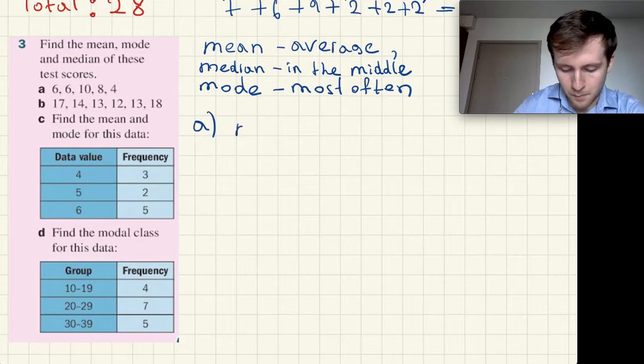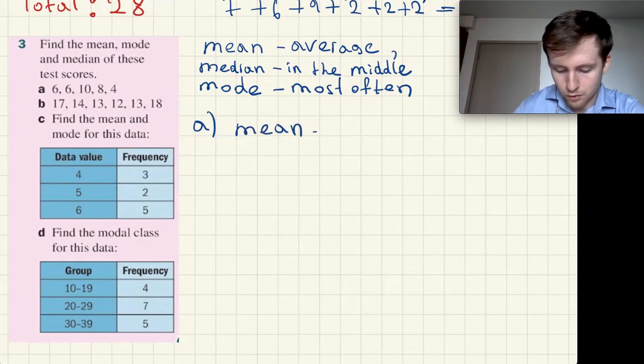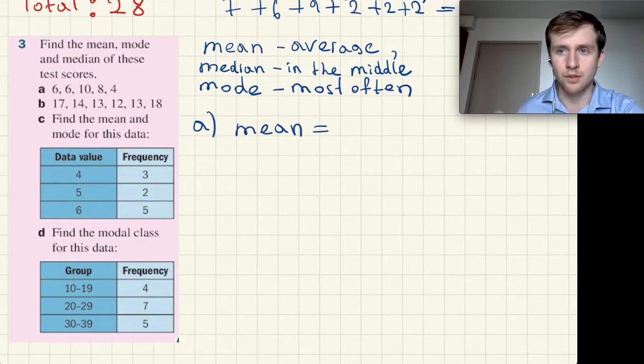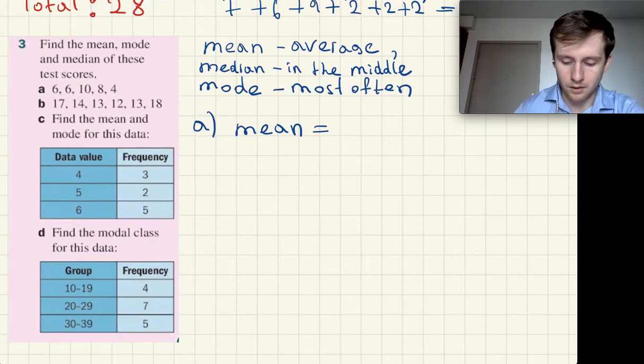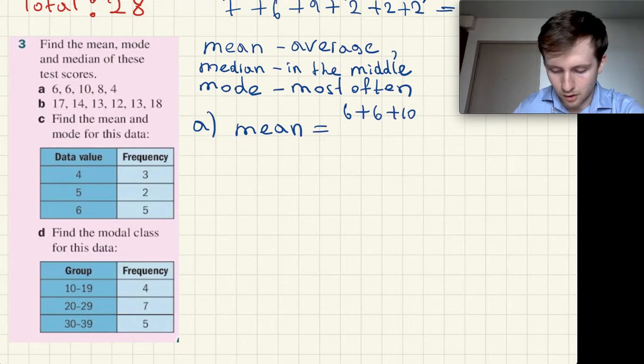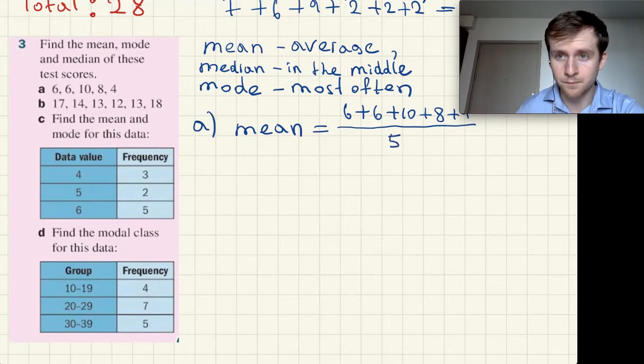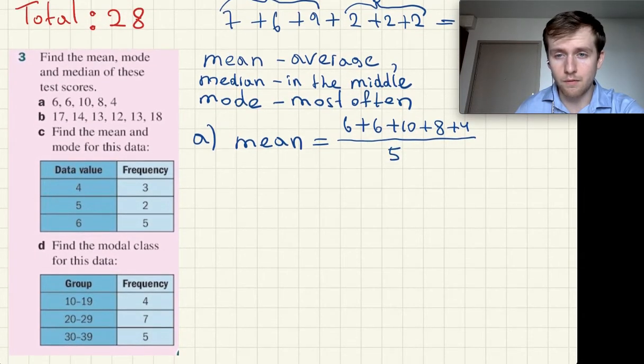So in A, mean is equal to, so to find mean, we have to add all the numbers together and divide them by the total amount of numbers. So it's 6 plus 6 plus 10 plus 8 plus 4. In total, we have 5 numbers, so we have to divide this by 5.